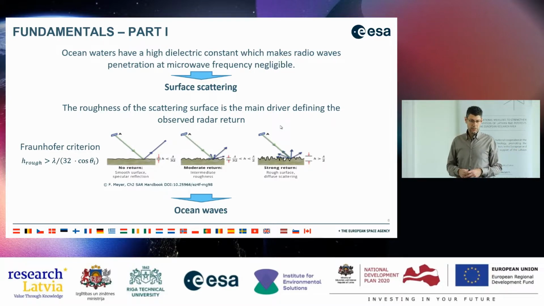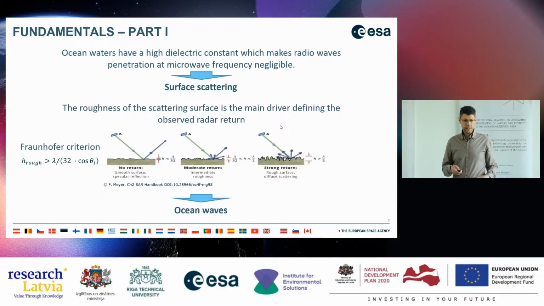This is a concept you might already have heard in the basic SAR seminar. And related to surface scattering, what is important is the roughness. Maybe you have also heard this. What makes SAR able to observe the ocean is the roughness, and the roughness is caused by the ocean waves.